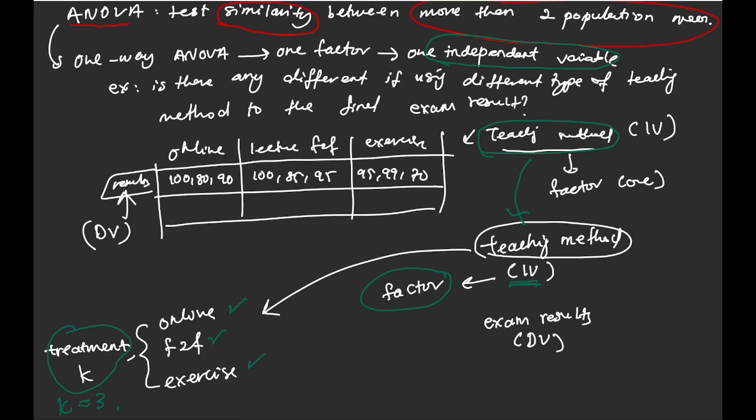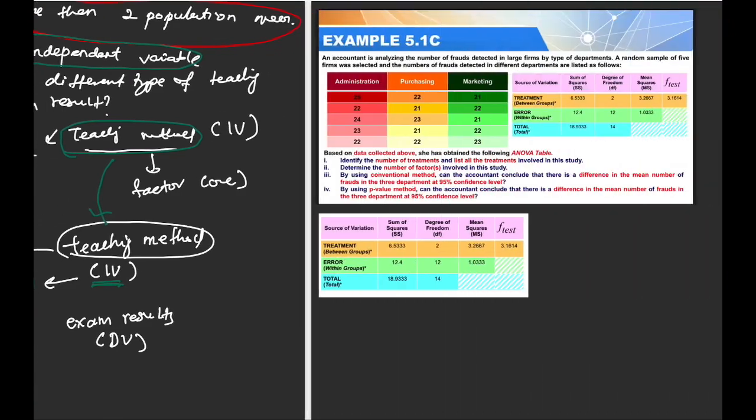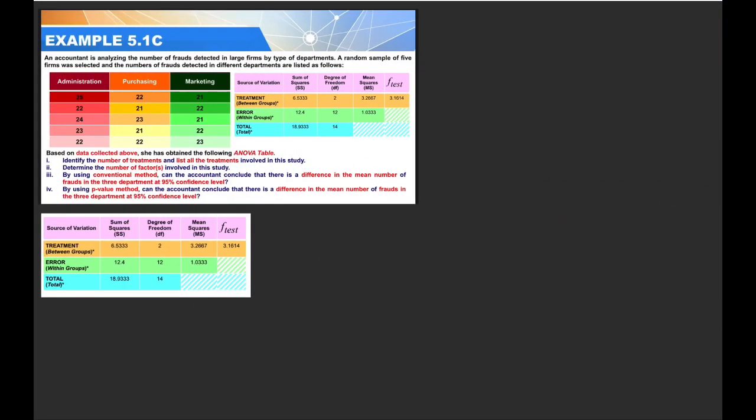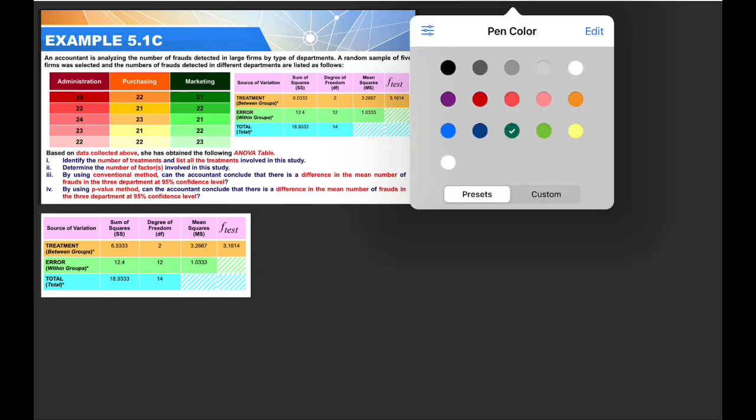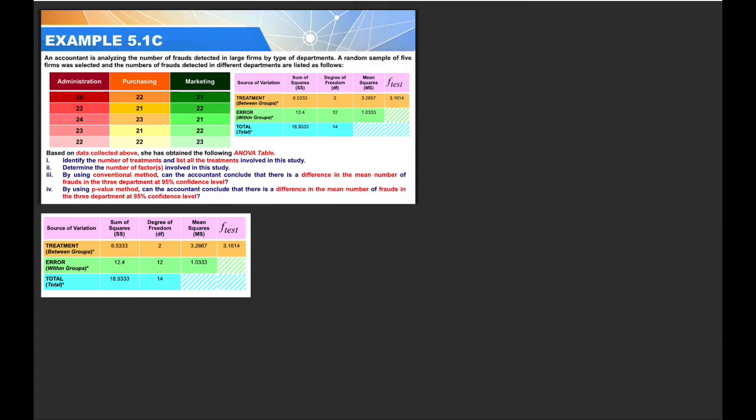Alright, so let's look at the example. Example 5.1c. An accountant is analyzing the number of frauds detected in large firms by type of department.